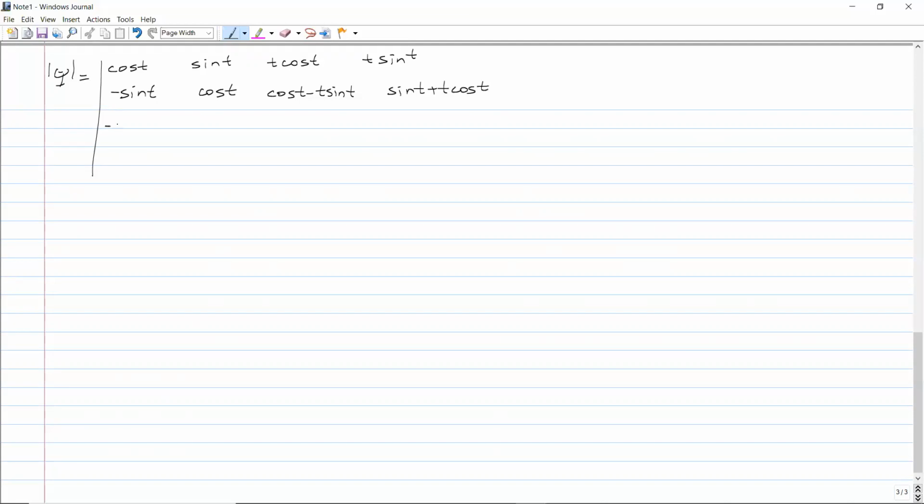Then the third row. And the fourth row. Minus cosine t.